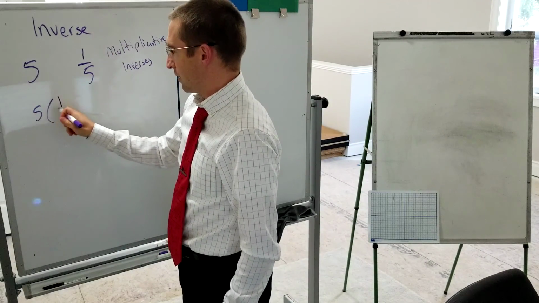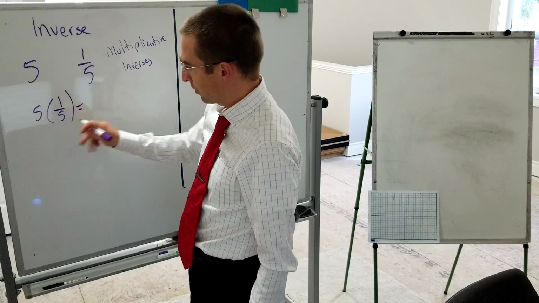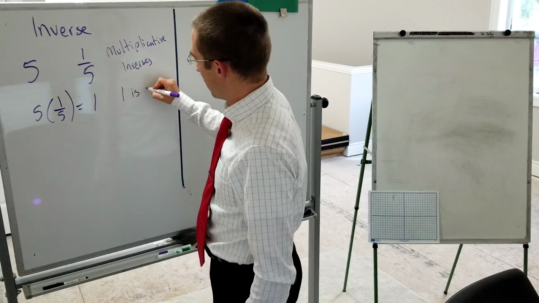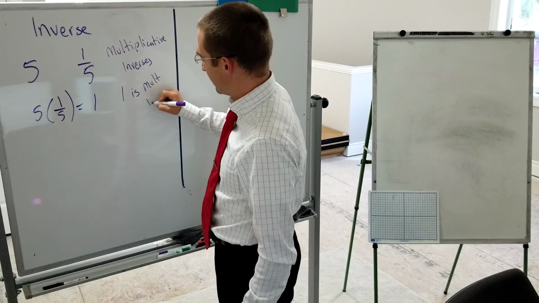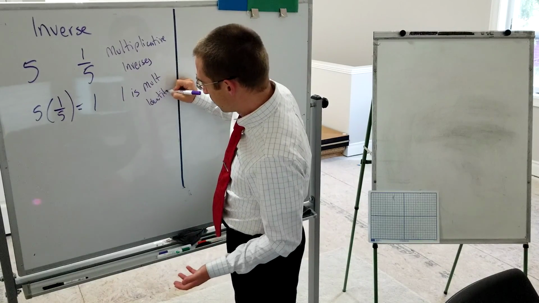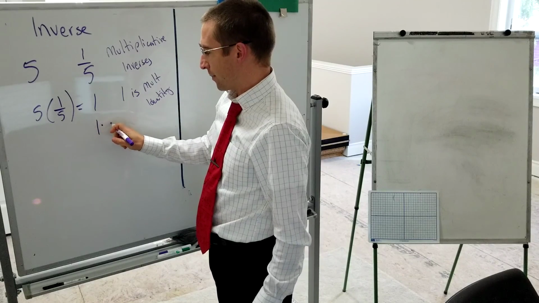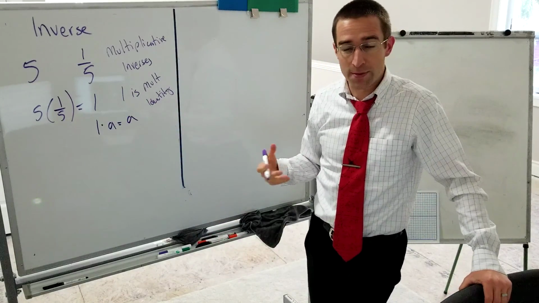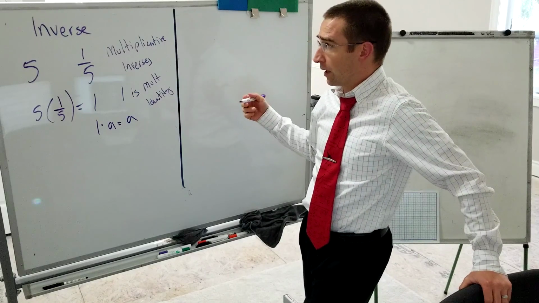These are multiplicative inverses because if I multiply them, 5 times 1/5 equals 1, and 1 is what we call the multiplicative identity, which means 1 times anything just gives you that anything back. Like 1 times A is just A, right?